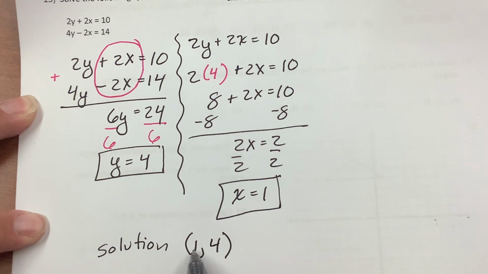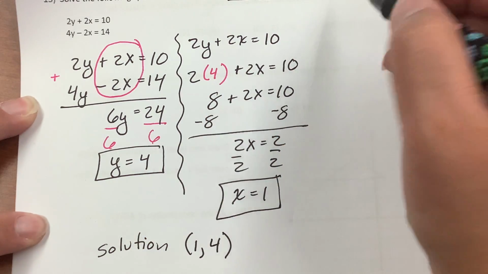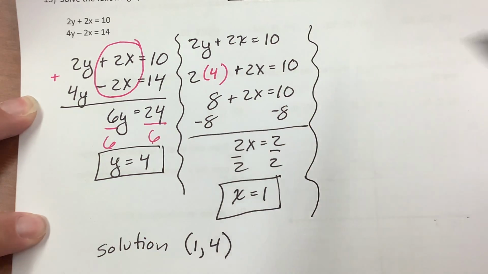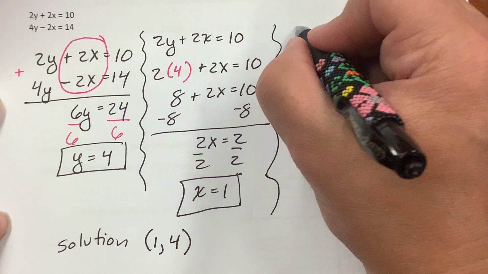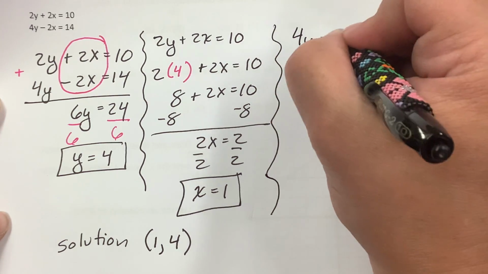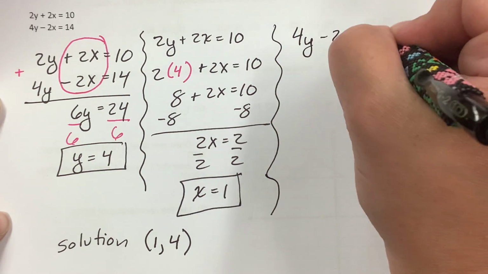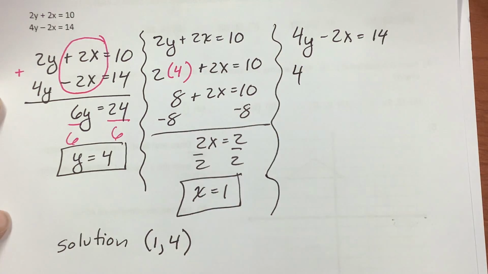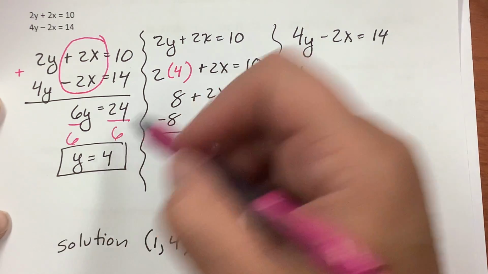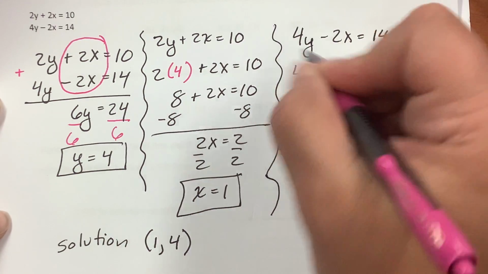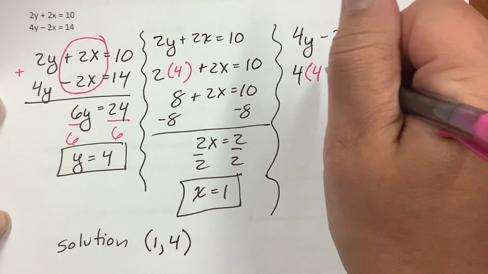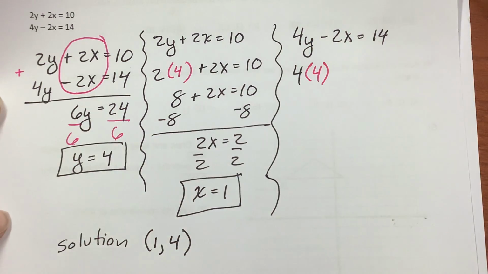X, Y, X, Y. Now I have to check it in the second equation to make sure I did it right. 4y minus 2x equals 14. 4, remember, y first, times 4. Helps if you finish things off with them parentheses there.